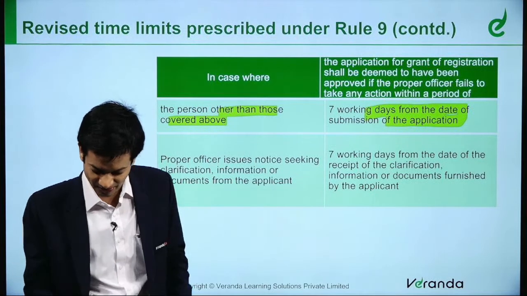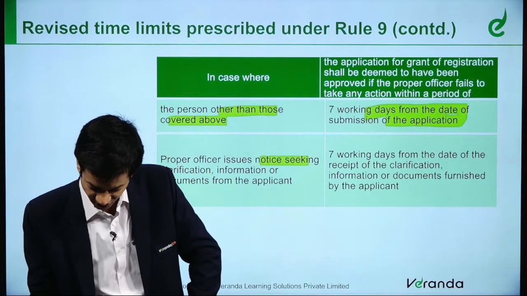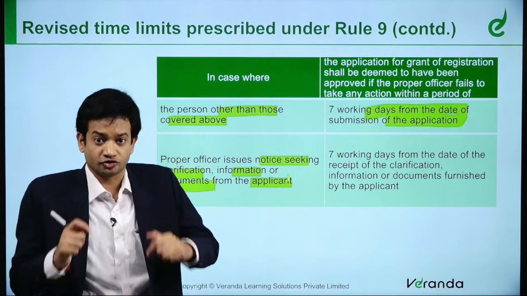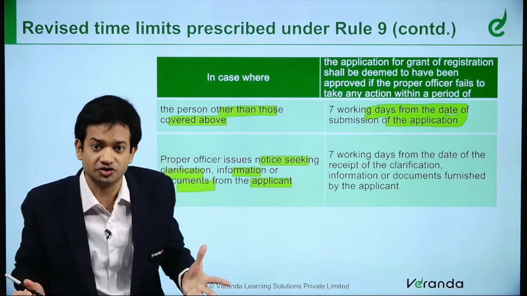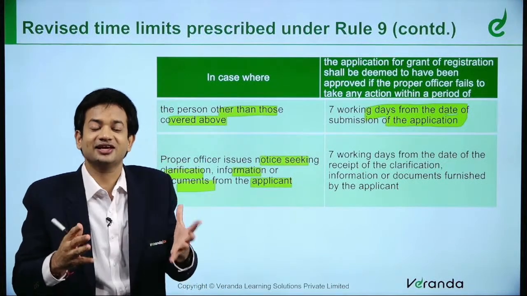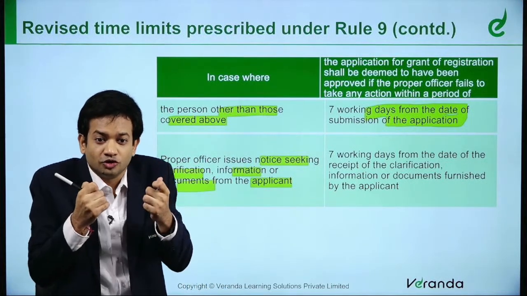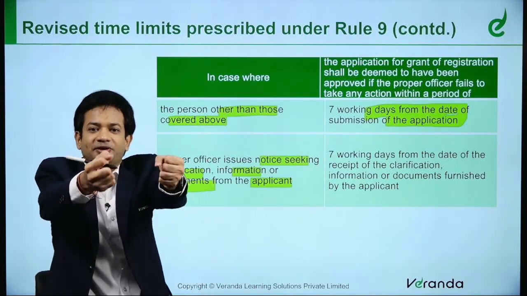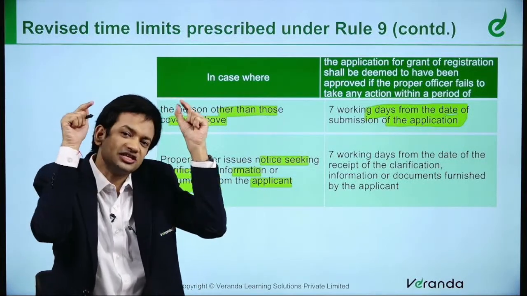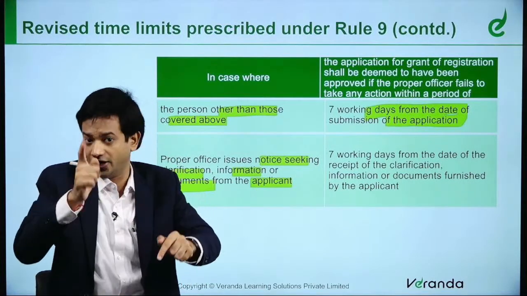Next, the proper officer issues a notice seeking clarification, information or documents from the applicant. So the proper officer issues a notice stating give me clarifications, there is a deficiency in your documentation. In that case, the person gives a clarification. Within 7 days of receiving the clarification, I should grant registration.